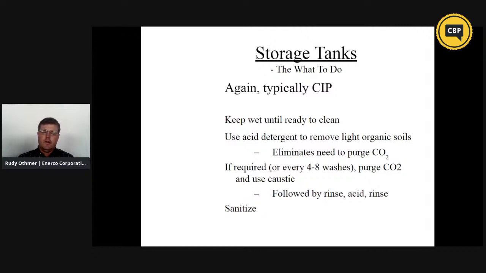The CO2 reacts with the alkalinity and neutralizes it, at the same time creating a vacuum because it goes from being a gas to being in the liquid. And you can crinkle the tanks, in particular if they're unvented or the vent isn't large enough.